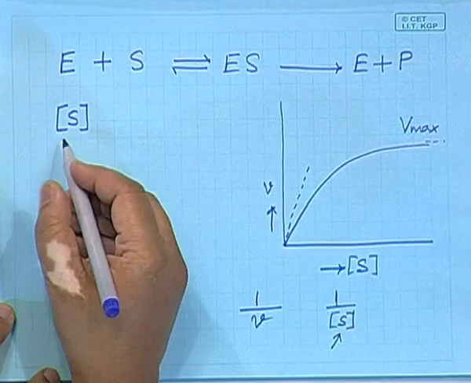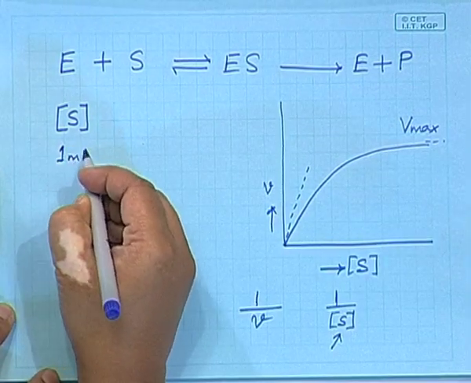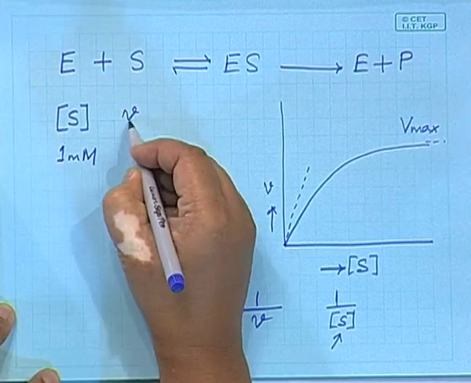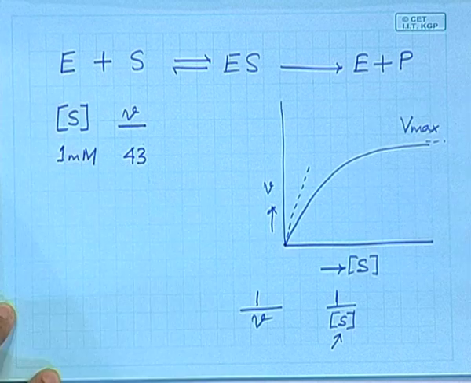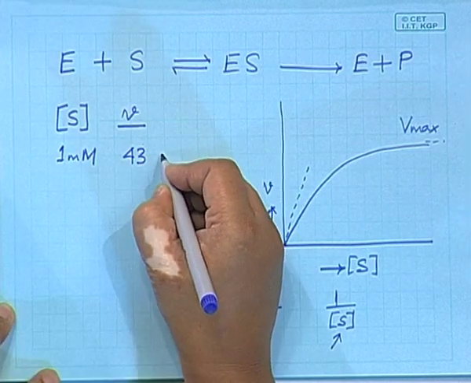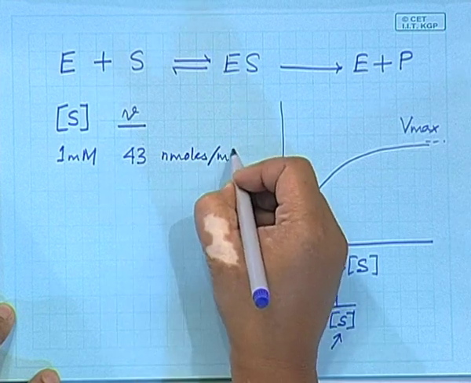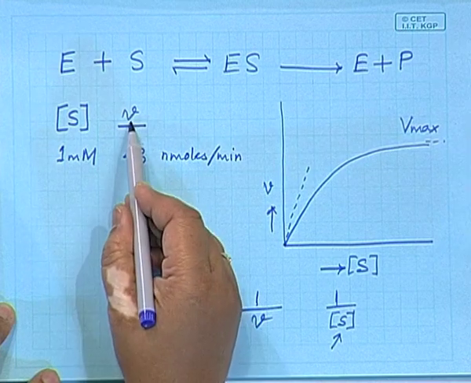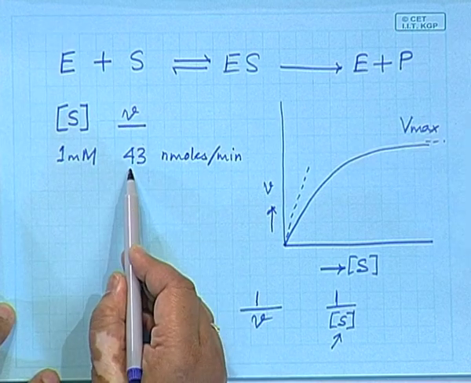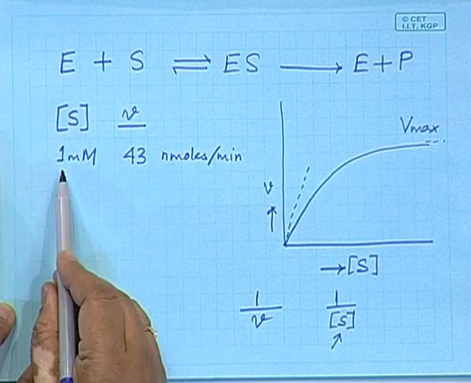Okay. So, say for substrate concentration 1 millimolar, my velocity is 43. This velocity is given in nanomoles per minute. So, now I have a particular velocity. What is this velocity? It is the initial velocity associated with the substrate concentration of 1 millimolar.